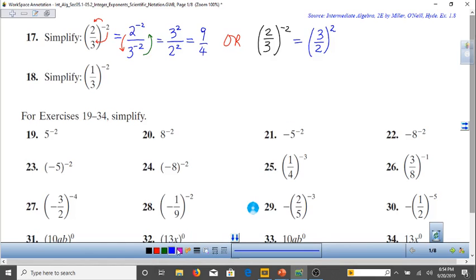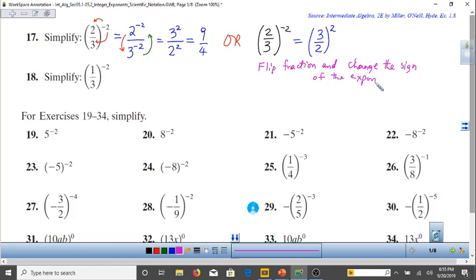So what I did was I flipped the fraction and then changed the sign of the exponent.